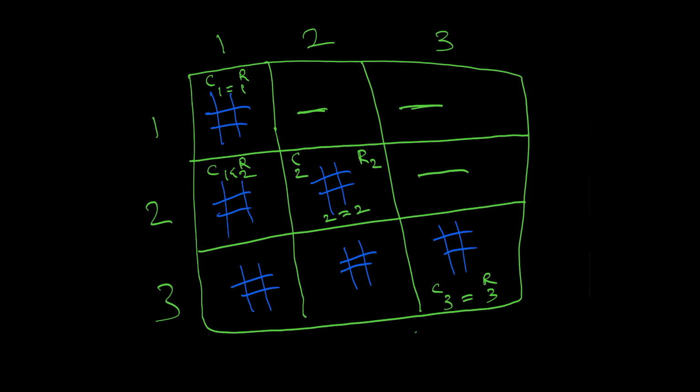We can see that 3 is equal to 3. Just by looking at this, we know that all the columns that have the pound symbol satisfy this condition: column is either less than or equal to the row.